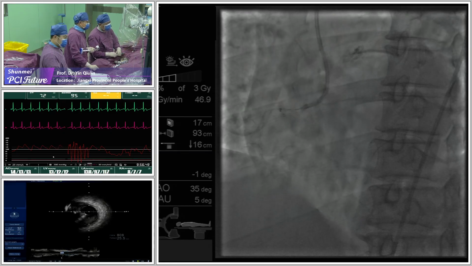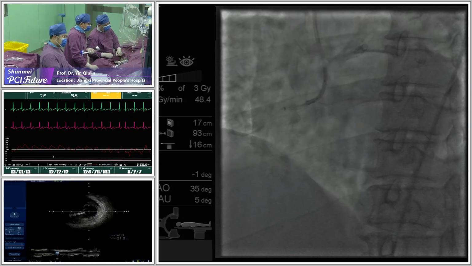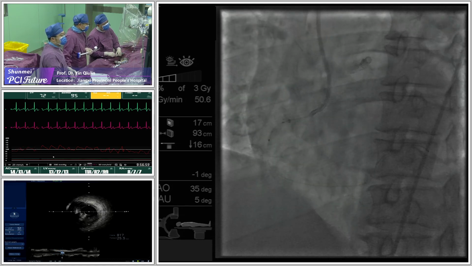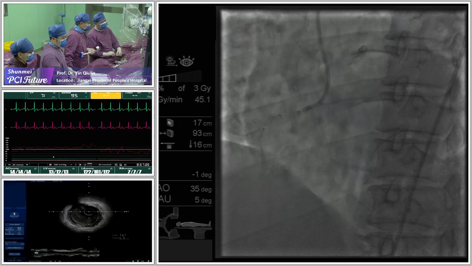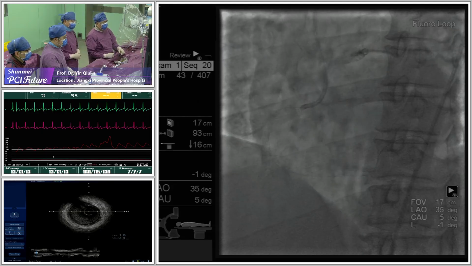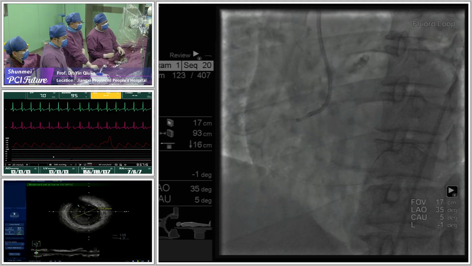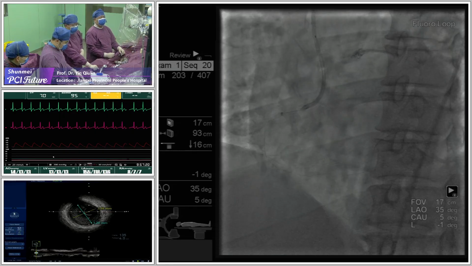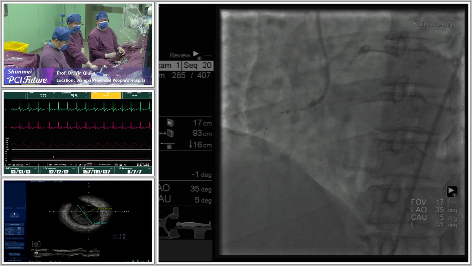So, I mean, you retrograde wire to avoid going into the false lumen. Of course, if the retrograde wire cannot go to the proximal true lumen, maybe I will check with IVUS, to see if the antegrade and retrograde wire are in the same space.